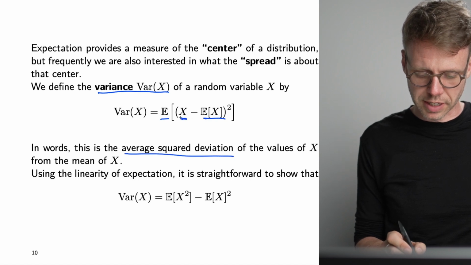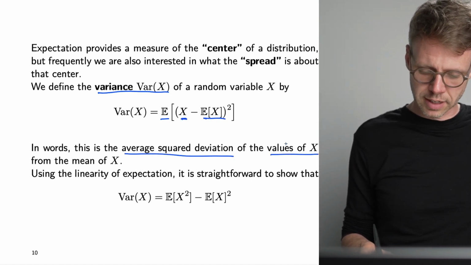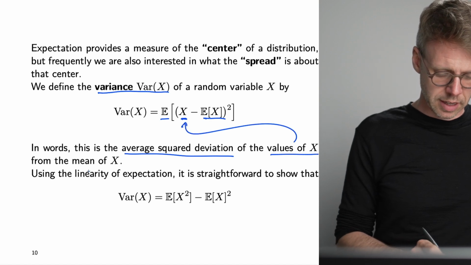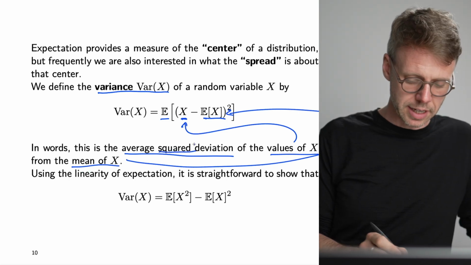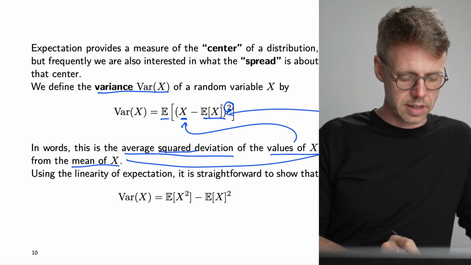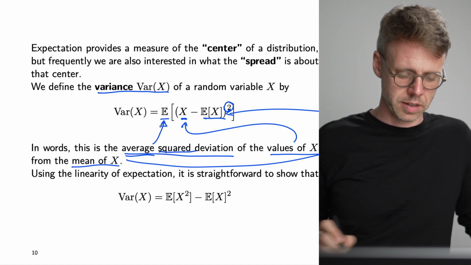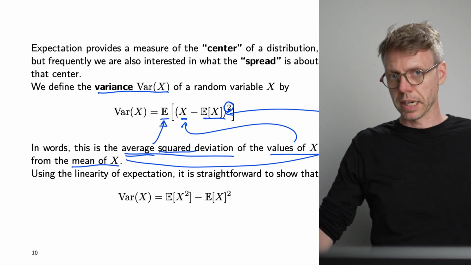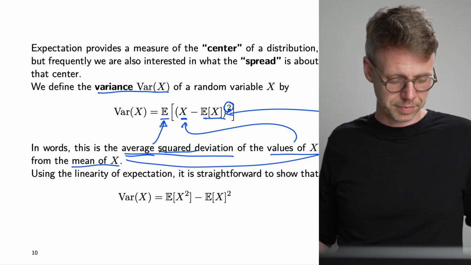The difference between x and E of x is the deviation between the values of x and the mean of x. We're squaring that and taking the average of it. So the expected value over the variable x.